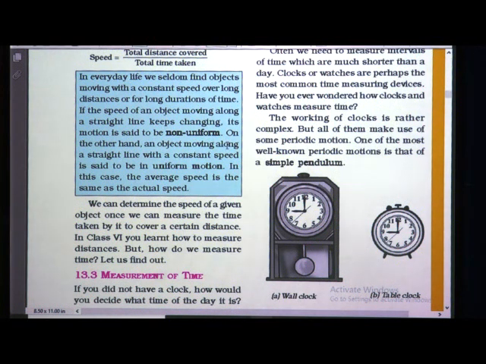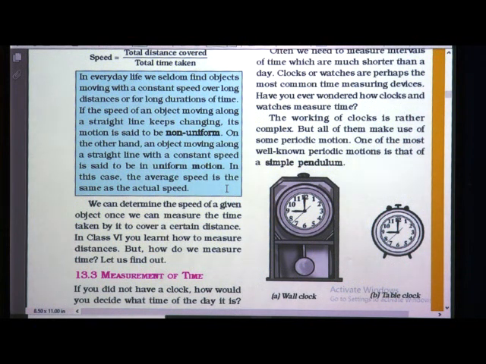Okay. So it is given here that an object moving along a straight line with a constant speed is said to be in uniform motion. It means it has a constant speed, that is why we can say it is uniform motion. Then in this case, the average speed is the same as the actual speed.